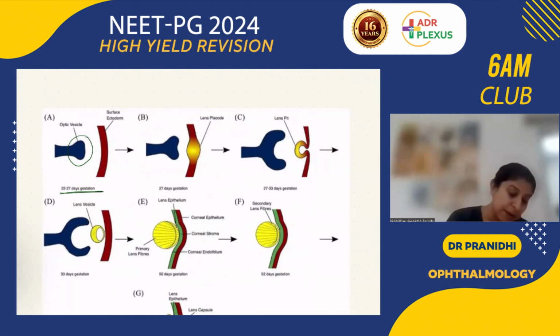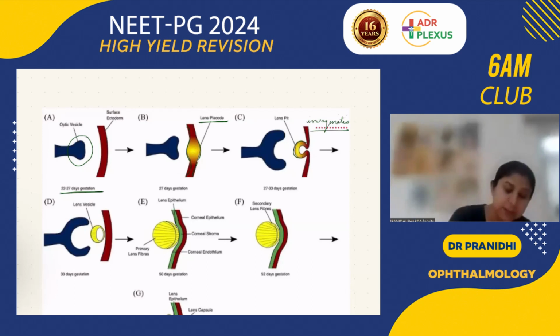But at 27 days of gestation, there appears a thickening in the surface ectoderm, which is known as the lens placode. This lens placode then invaginates and forms a lens pit.